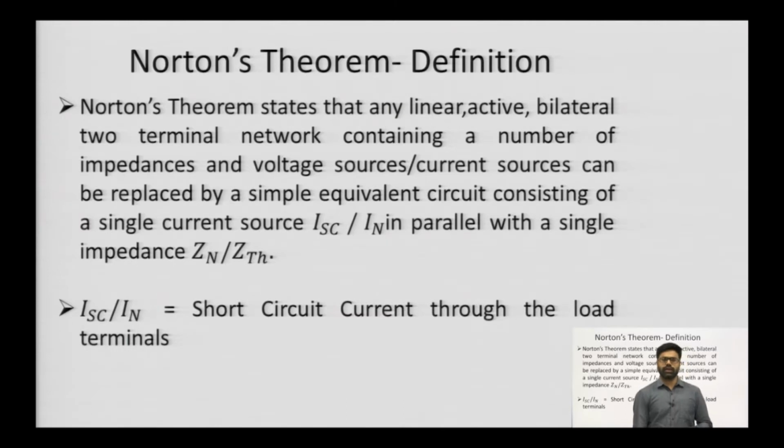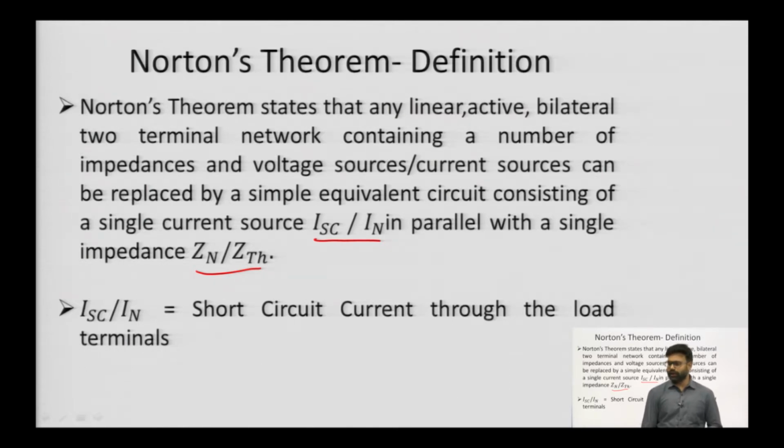That equivalent current source is known as ISC or IN, the short circuit current or Norton's current, and it is connected in parallel with a single impedance known as Zn or Zth, Norton's impedance or Thevenin's impedance.